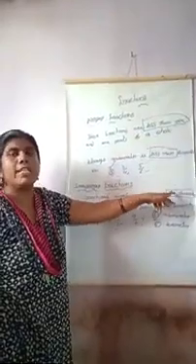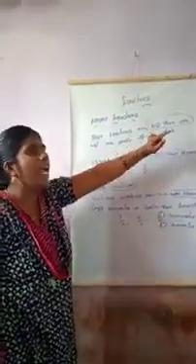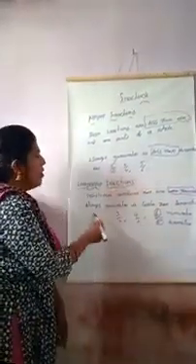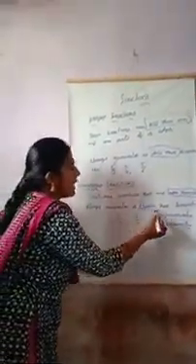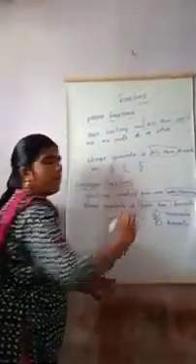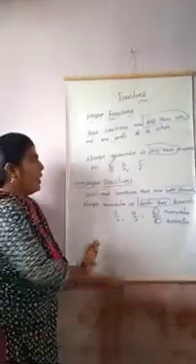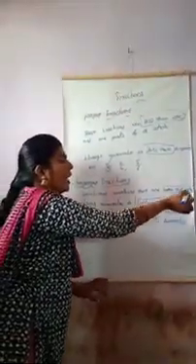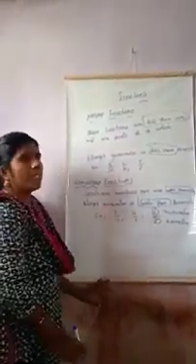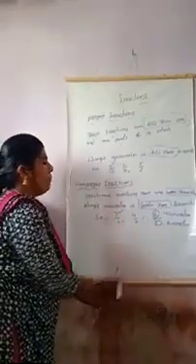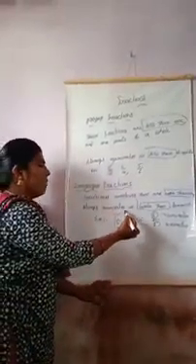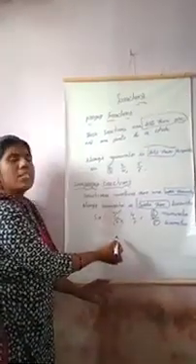In an improper fraction, the numerator is greater than the denominator. See some examples. The numerator is a big number, the denominator is a small number.